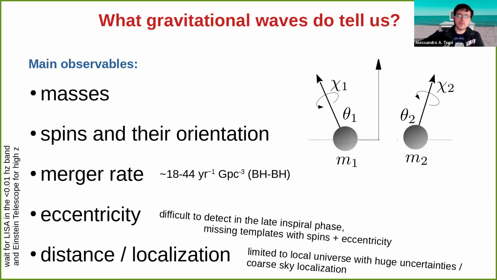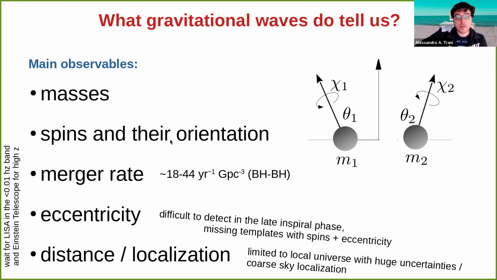And if we know the signals, it's possible to generate different waveforms, different templates, and to extract from the waveform these kinds of variables about the sources. So we can now infer the masses of the two, I call them black holes, but there can be also neutron stars, of course.